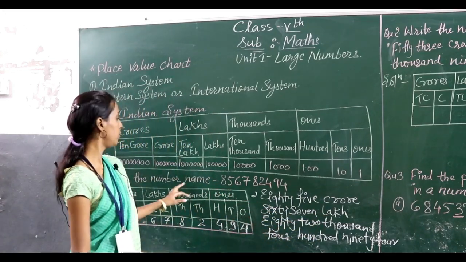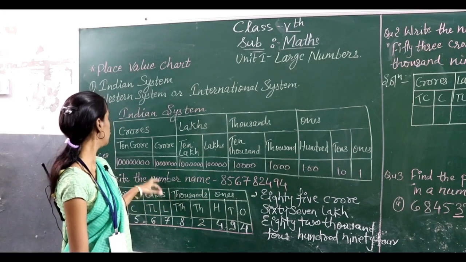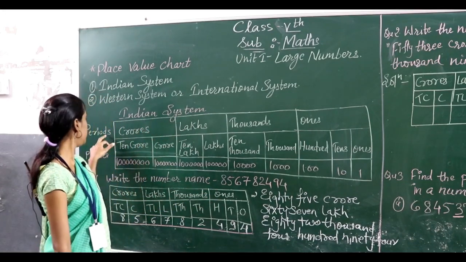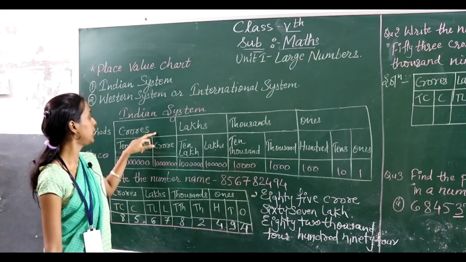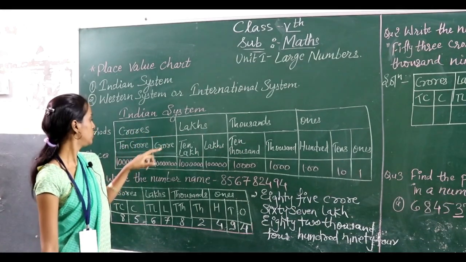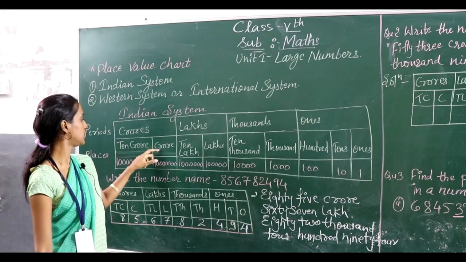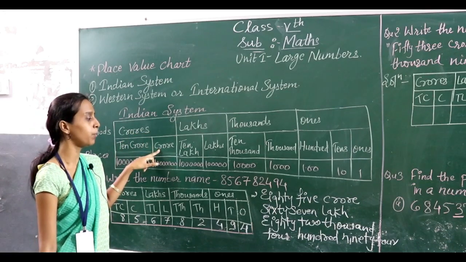Now always remember one thing: when we put the values in the Indian system, each period is separated by commas. After every period you have to give a comma. Just like in the crores there are 2 places, so after 2 places you put a comma.